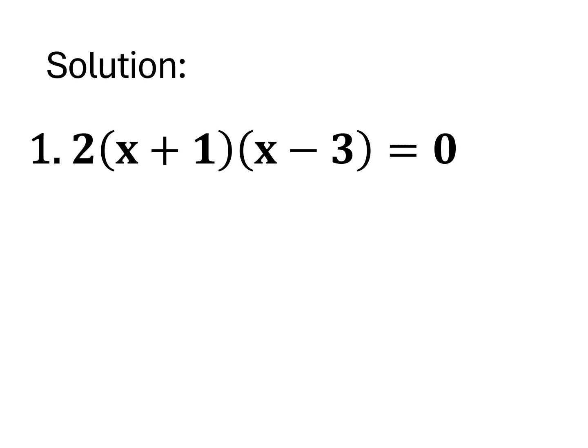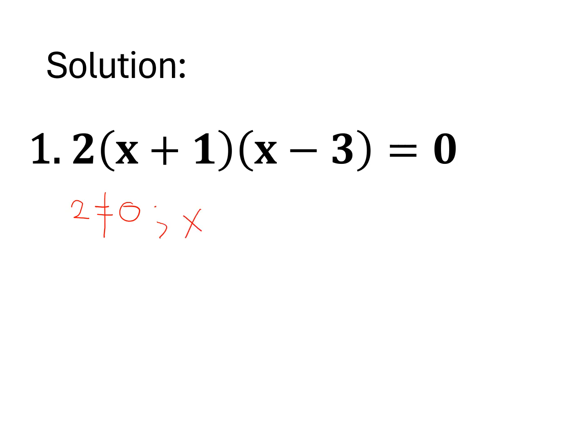We will equate each factor to 0. So we have 2 equals 0. In this case, 2 is not equal to 0, right? So we cannot consider this factor. Then proceed to the other factor.